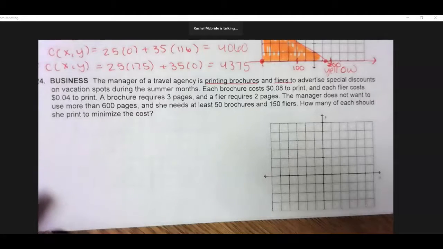A brochure requires 3 pages, and a flyer requires 2 pages. The manager does not want to use more than 600 pages, and she needs at least 50 brochures and 150 flyers. How many of each should print to minimize cost?